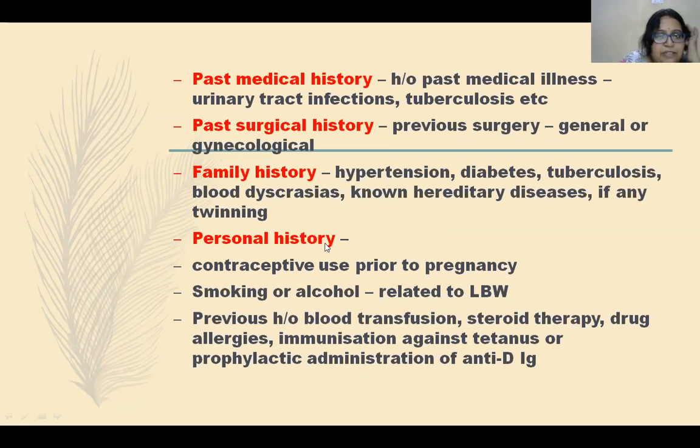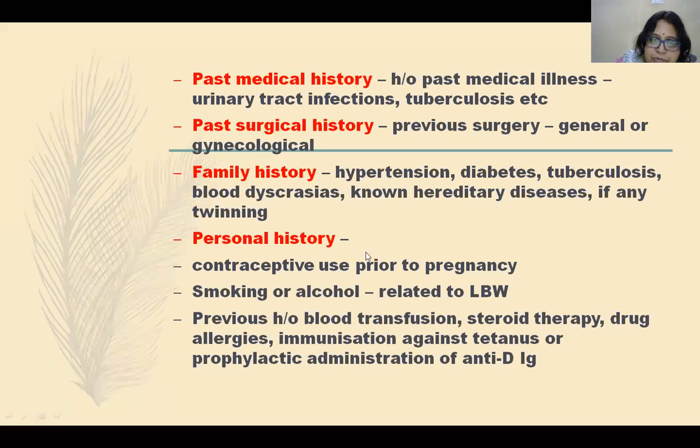In the personal history, what do you need to know about? You have to inquire about her dietary habits. You need to calculate her body mass index. And next is the calorie intake of the patient. In the personal history, how is her sleep, bowel, and urination, all those habits.